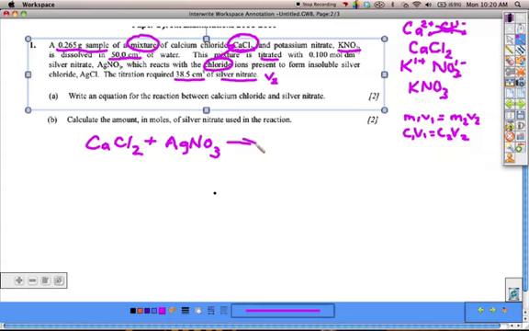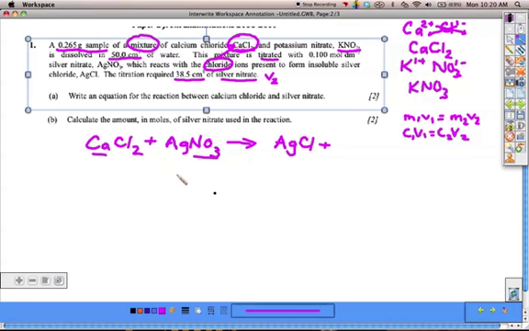And that, they said, is giving us 2 products. It's giving us silver chloride, AgCl, and it's going to give us this leftover stuff which it didn't tell us about, but it'd be calcium nitrate.